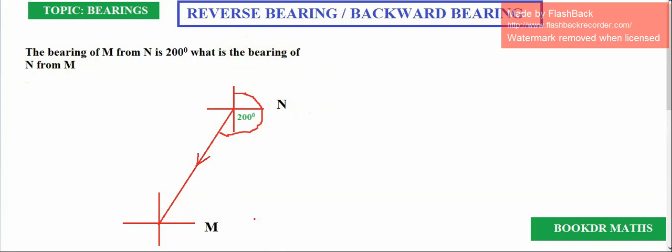We need to find the value of the angle at this position.